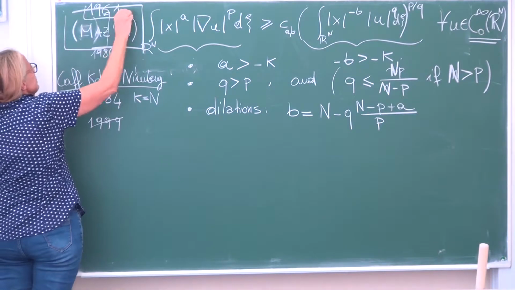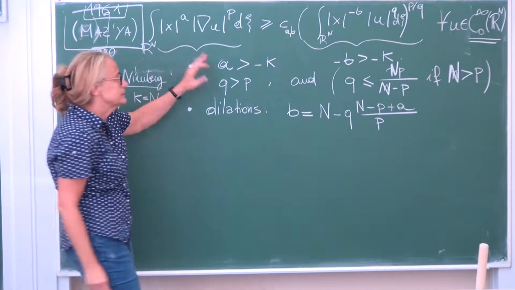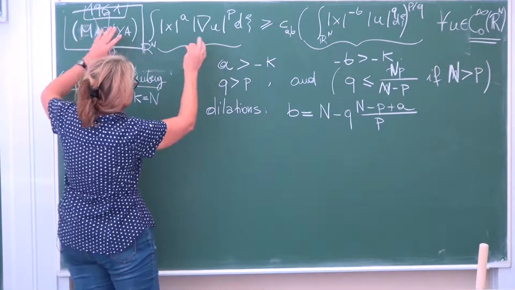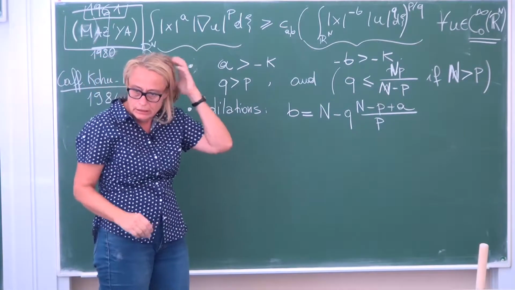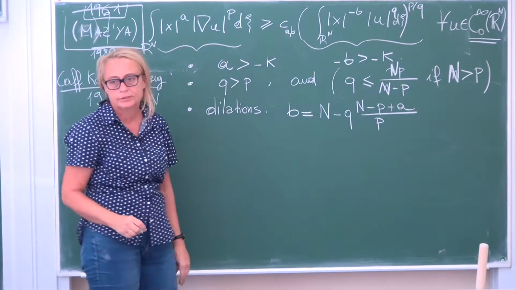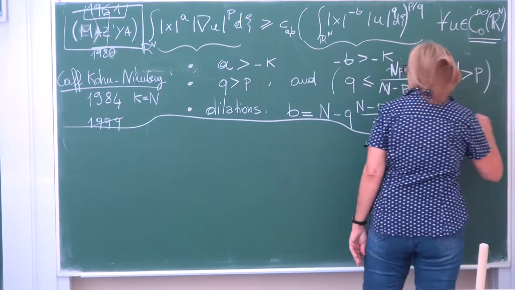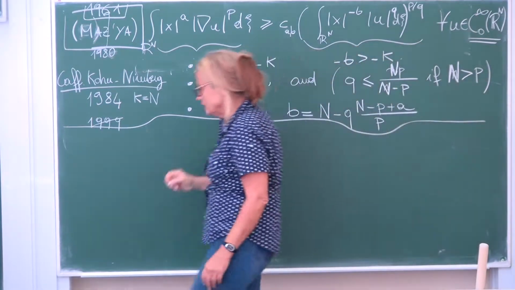And I was not old at that time, definitely. But people know this inequality in the spherical case, actually in a little bit larger setting, as the Caffarelli-Kohn-Nirenberg inequalities. I will call them Maz'ya inequalities because those are cylindrical.